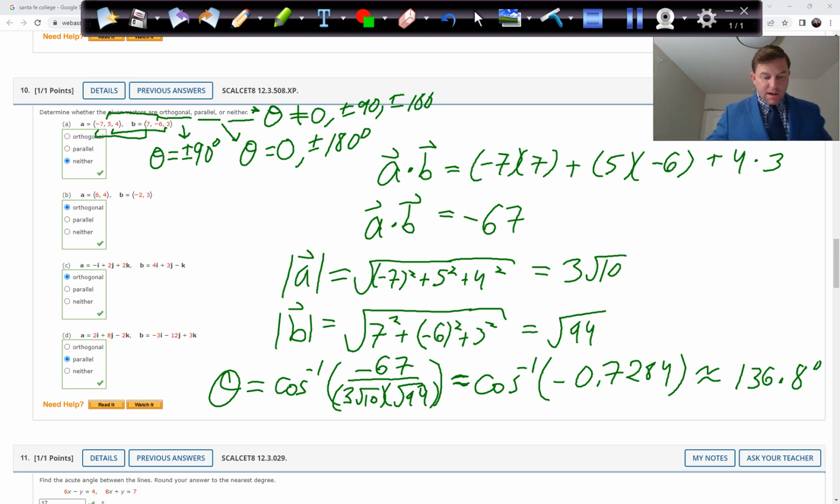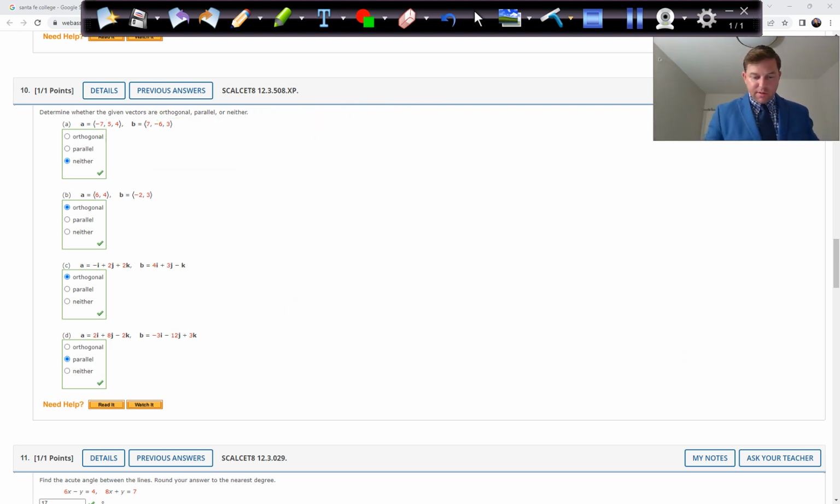Okay, now with 6, 4 and negative 2, 3, let's actually look at that one because that one's easy to do. We can plot these two. There's 6. There's negative 2. There is 4. There is 3.